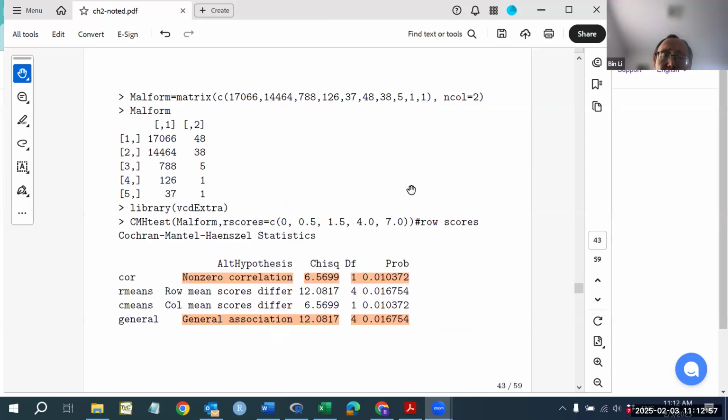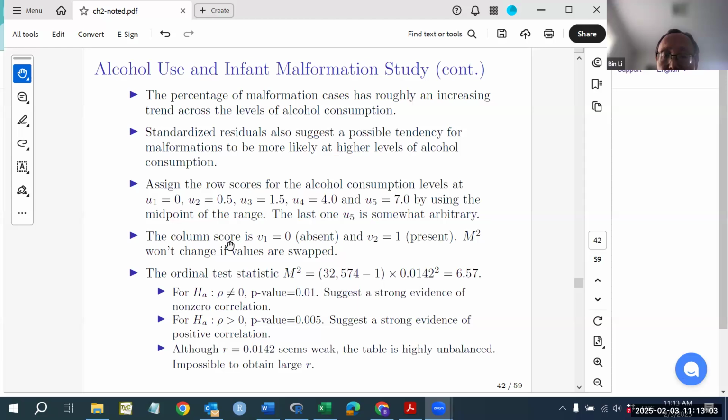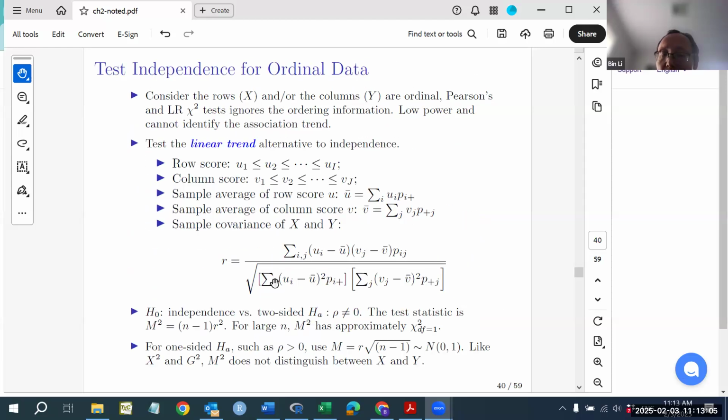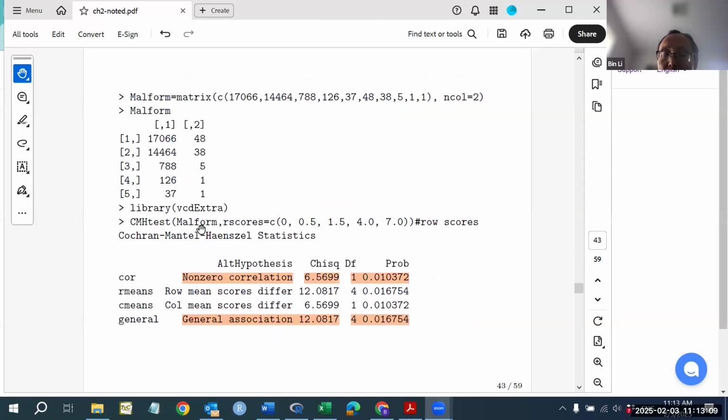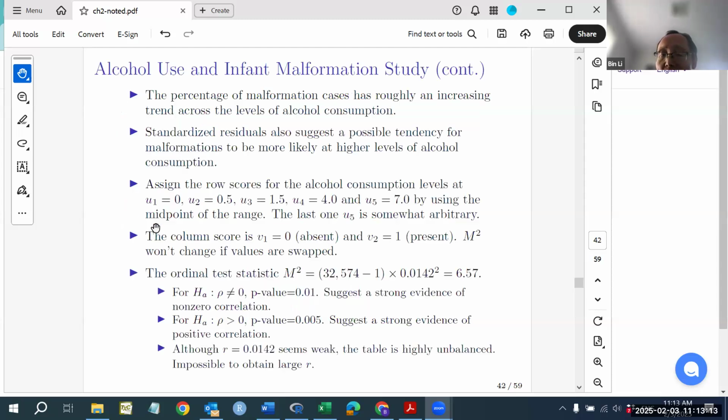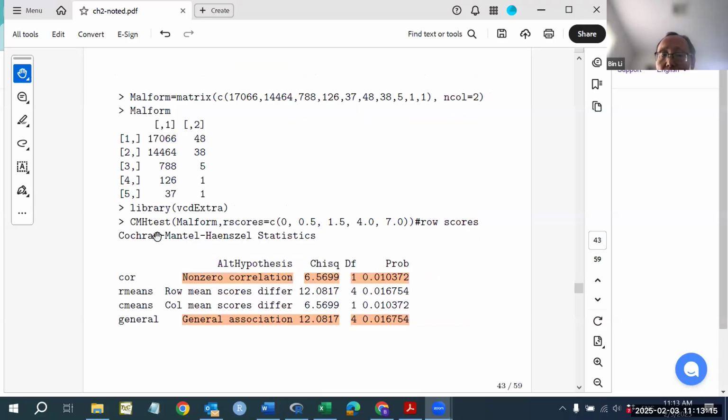In this example, if you want to do this in R, the M-squared test is available in the CMH test, which is called the Cochran-Mantel-Haenszel test statistic. I have the code here.